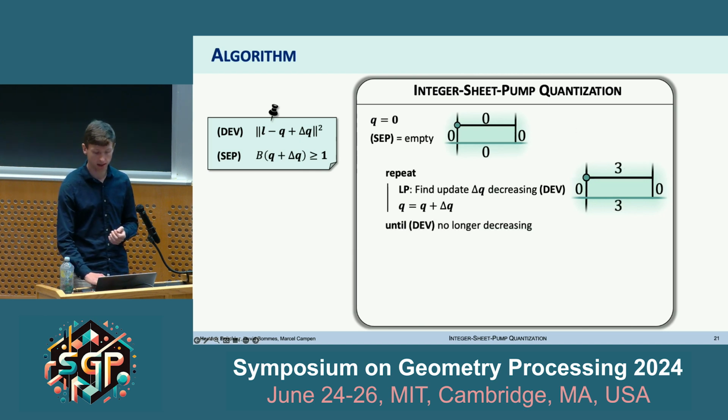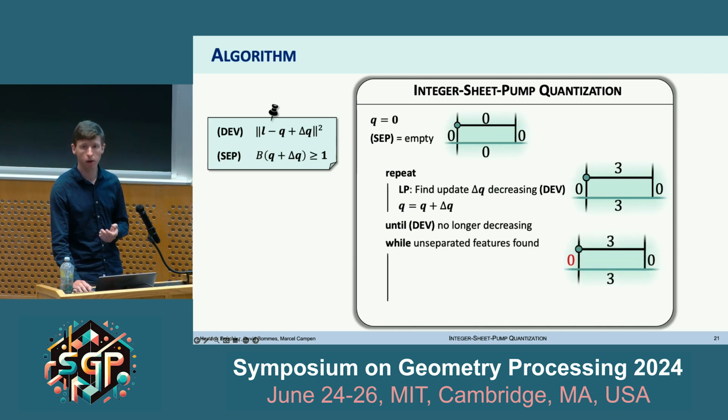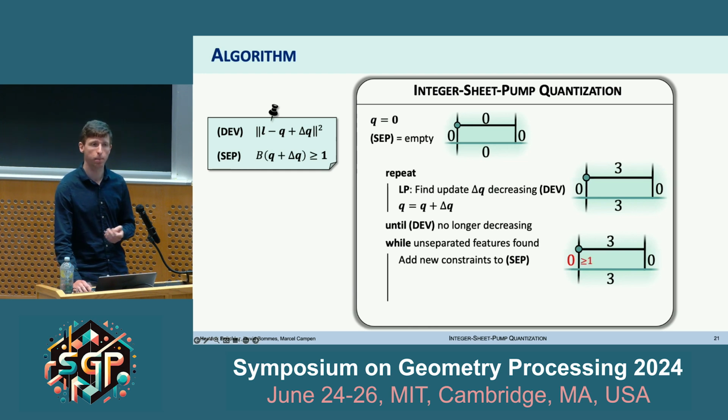As we have not yet explicitly separated features, we might find some unseparated ones after optimization. And then for each pair of unseparated features we find, we use our LP to find a separating update and then apply that directly to the quantization. And this is finally repeated until no unseparated features remain.